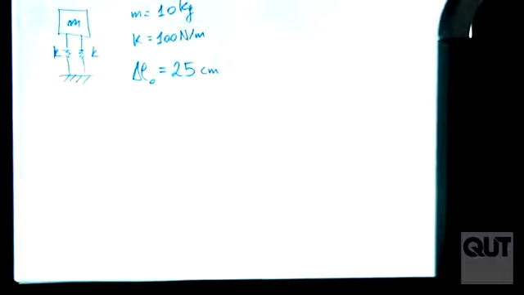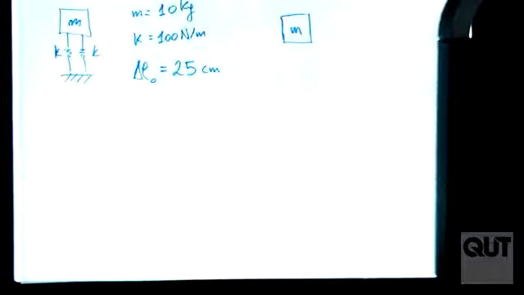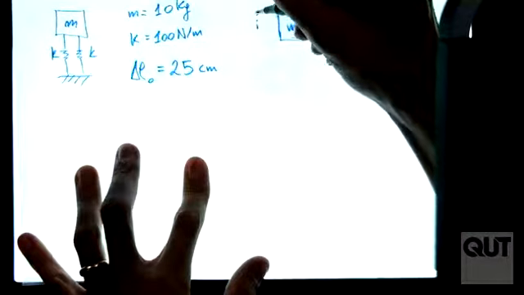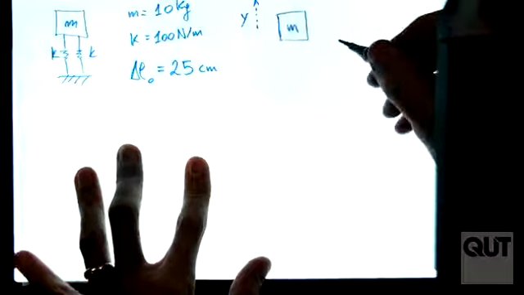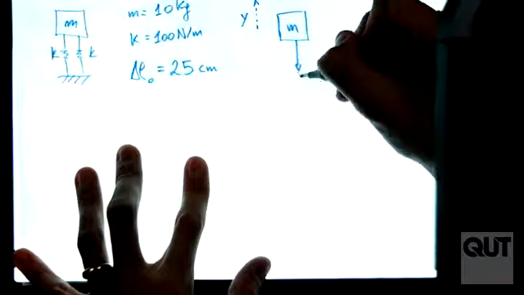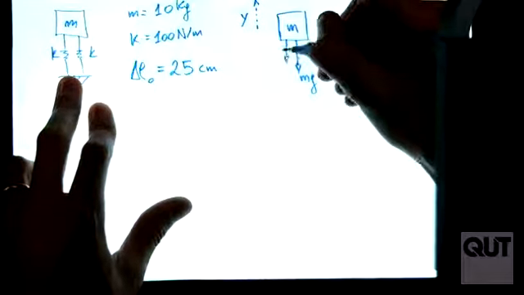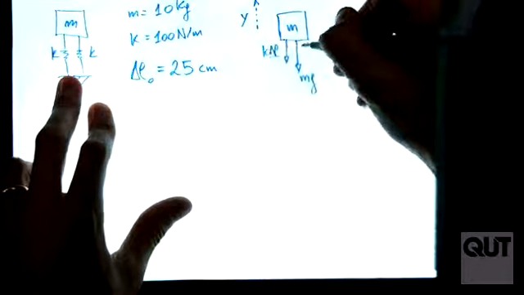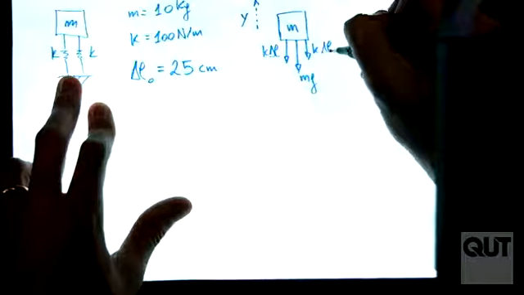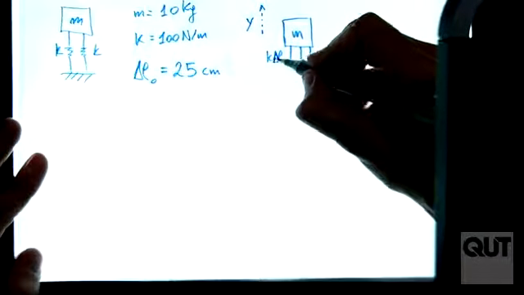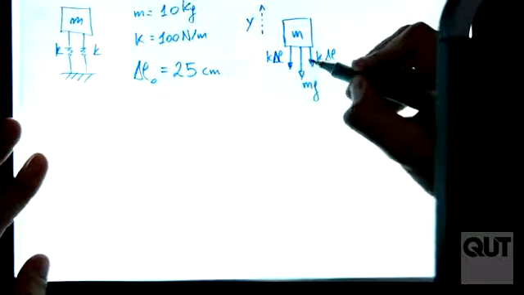Okay. So, first thing we do, free body diagram. Forces. So I assume this as y. I have definitely gravity, mg. Then I have two springs which have two forces, k delta L, k delta L. How do we draw these forces?